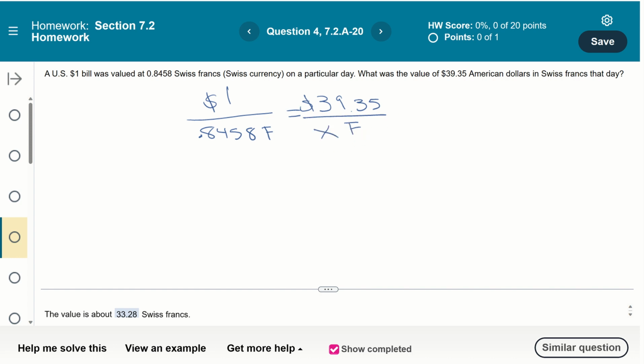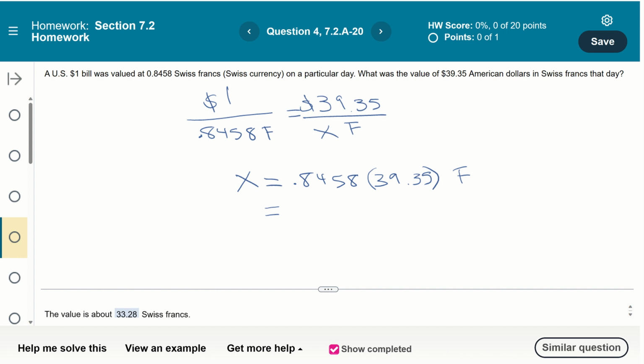So now cross multiply, so x times 1 gives us x, and we're going to get 0.8458 times 39.35, and of course the units will be in francs, Swiss francs, right?